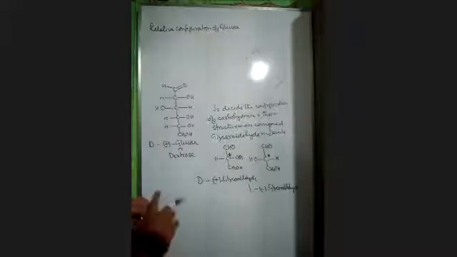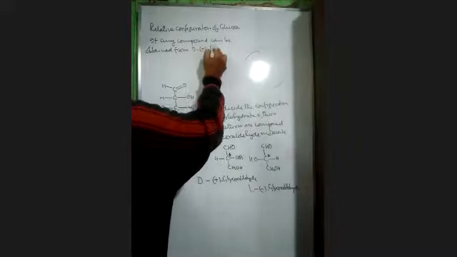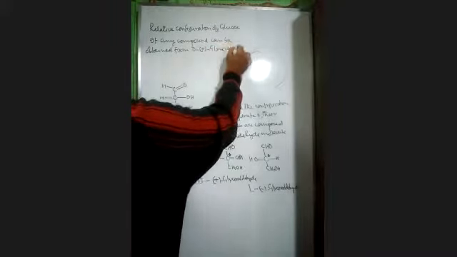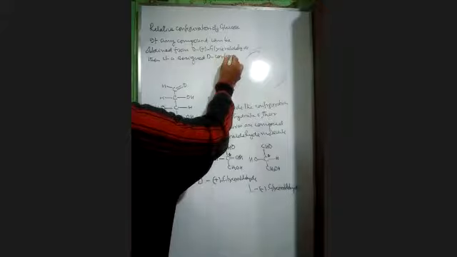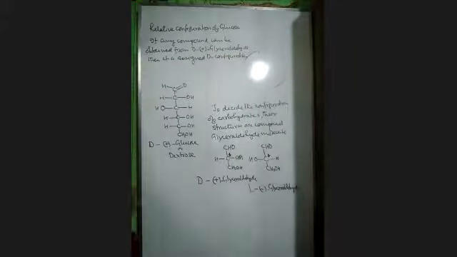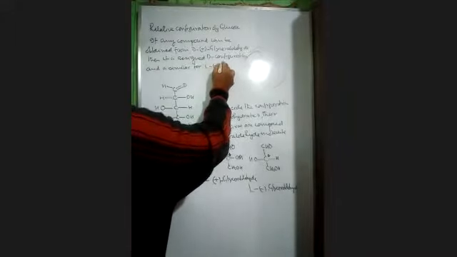So what can I write now here? If any compound can be obtained from D plus glyceraldehyde, then it is assigned D configuration, and it is similar for L minus.